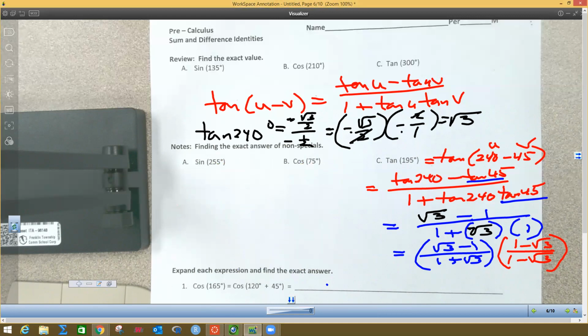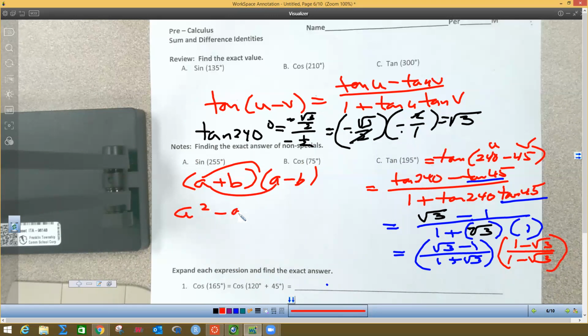We were supposed to have learned a long time ago that if I take a binomial and FOIL it with its conjugate, these two things in the middle always cancel out and you get a difference of squares. So what that tells me is my denominator is going to be 1 squared minus radical 3 squared. That's what I'm going to get when I FOIL the bottom.